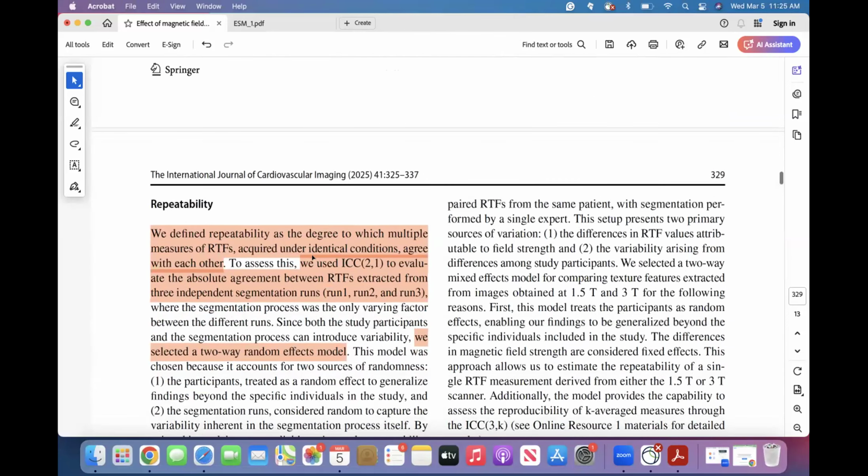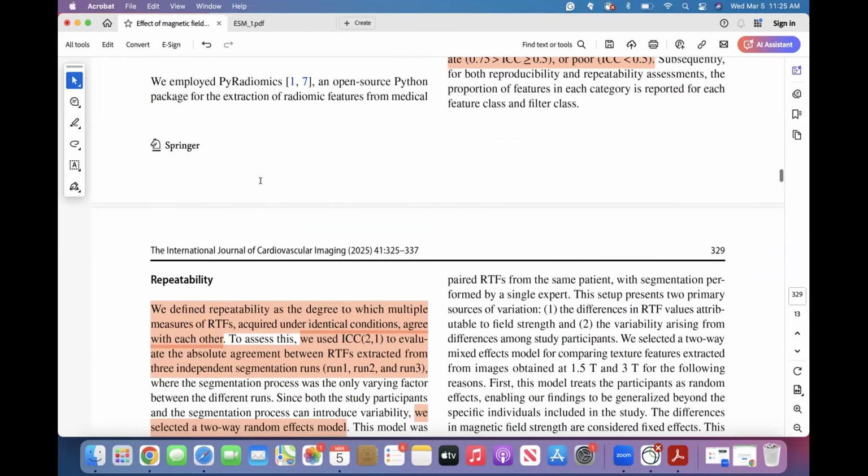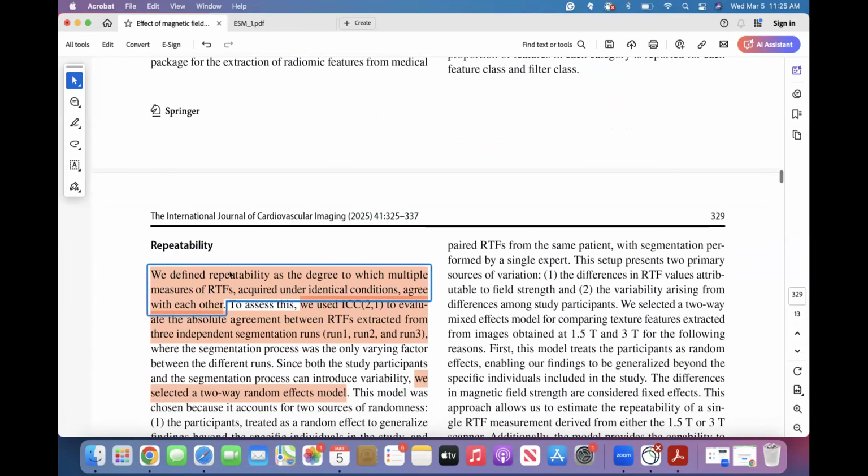So we defined repeatability as the extent to which multiple measures of radiomic features that are acquired under identical conditions, so the same patient, same scanner, agree with each other.